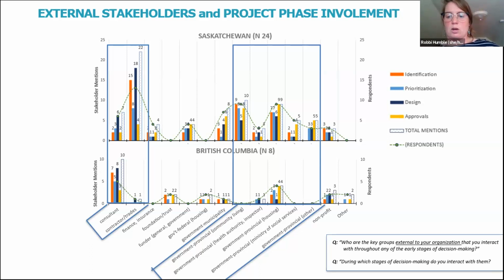But in Saskatchewan, although 70% of the respondents named a specific provincial government actor, it was spread over at least 5 different branches, agencies, or ministries, only one of which was the Saskatchewan Housing Corporation, the counterpart to BC Housing. So it really seemed that the involvement and influence was based on the owner of the building and also the housing services or agreements in place. But I couldn't examine that in depth because that would have been a whole other project. But it's important, and I'll talk about that in a moment.